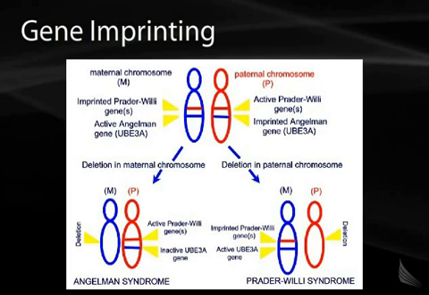So we lost the active allele from the dad, and the allele from the mom is shut off. So we're not doing anything as far as that Prader-Willi protein is concerned. The loss of that protein, the lack of function, those kids will develop Prader-Willi. So that's how the gene imprinting will make a difference as to whether the deletion causes Angelman syndrome or Prader-Willi syndrome.